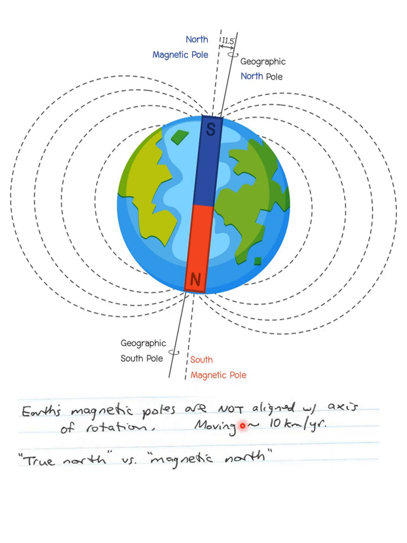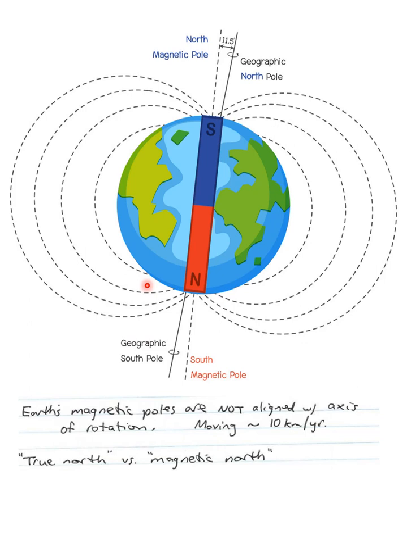I also want you to see that those are not the geographic North and South Poles. There's a little bit of a difference, and this changes from year to year. When we say geographic North Pole and geographic South Pole, that's actually the axis of rotation of the Earth.